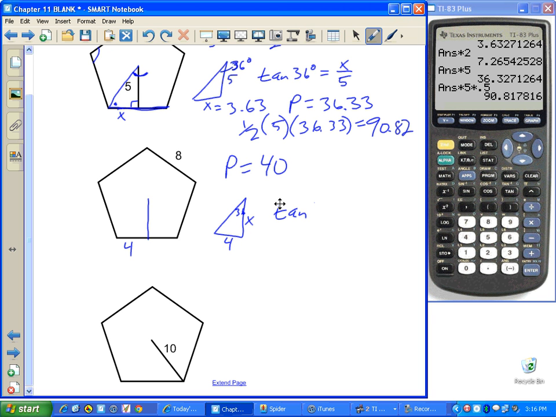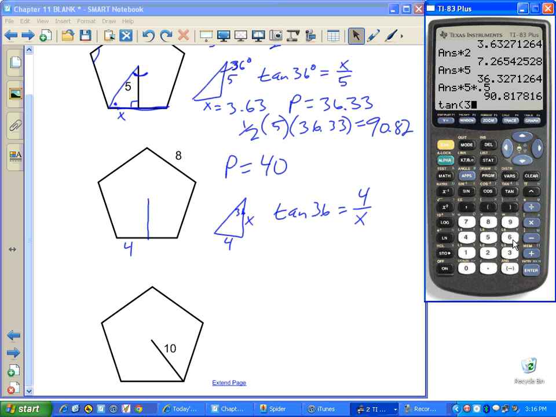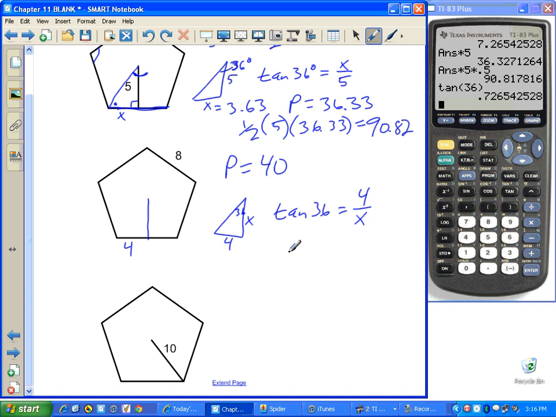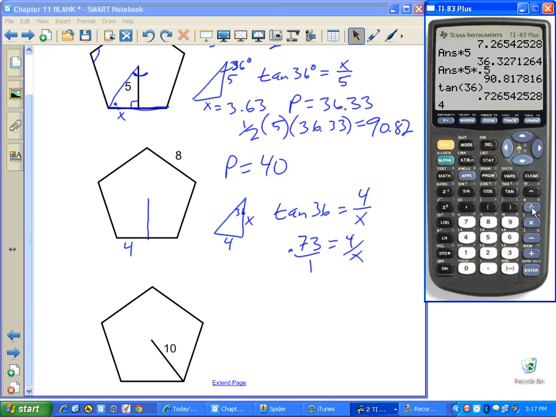So again, I'm going to do tangent of 36 should equal opposite over adjacent. So tangent of 36 again was that number. So 0.73 equals 4 over x. If I cross multiply here, I'm going to be taking 4 divided by that tangent to get x.